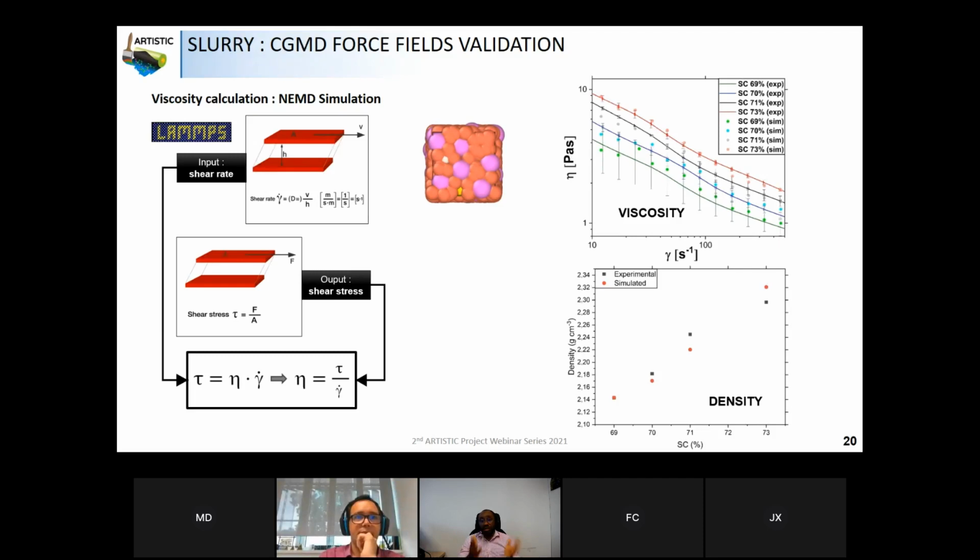But in this case, we don't want to study the effect of this size, but just to evaluate the volume that we have to increase in the solid CBD to obtain the same solid to liquid ratio. And then for the fitting, we play with the force fit, not the size of the CBD.